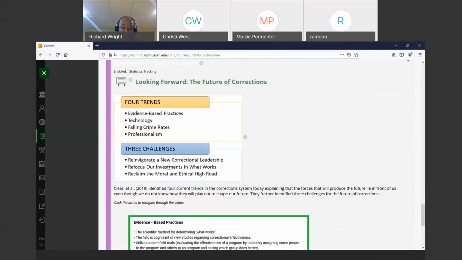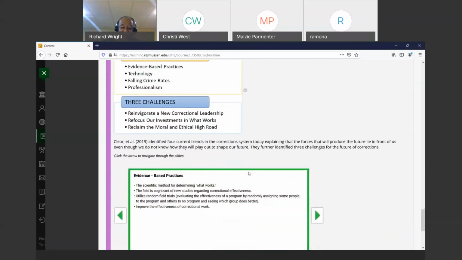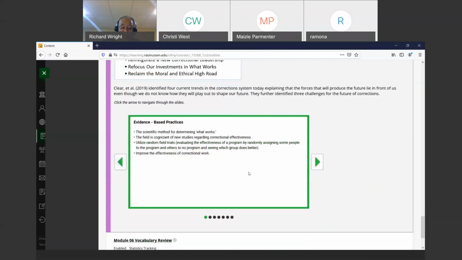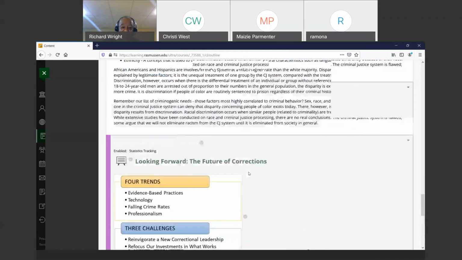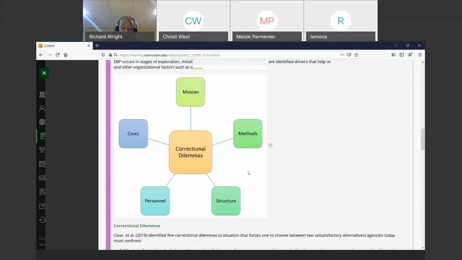The 3 challenges: reinvigorate a new correctional leadership, refocus on what works, and reclaim the moral and ethical high road. And so this tells you more about it if you go down and look at these, and then there's a vocabulary review also that goes with that.